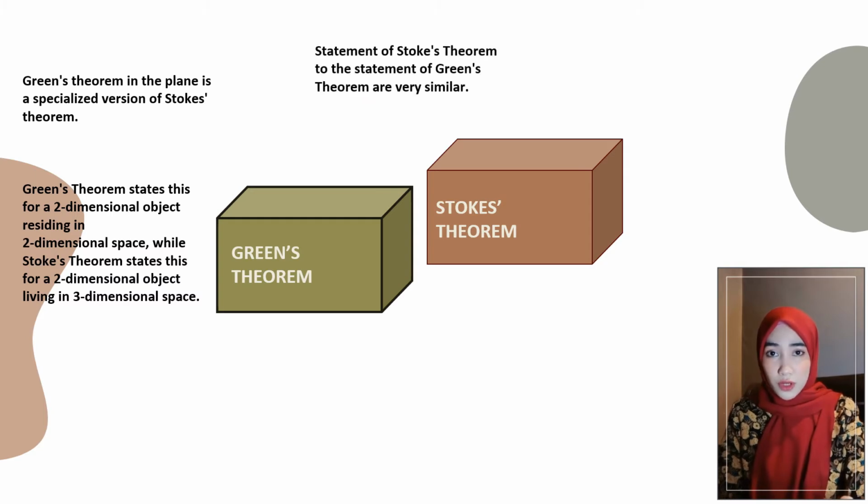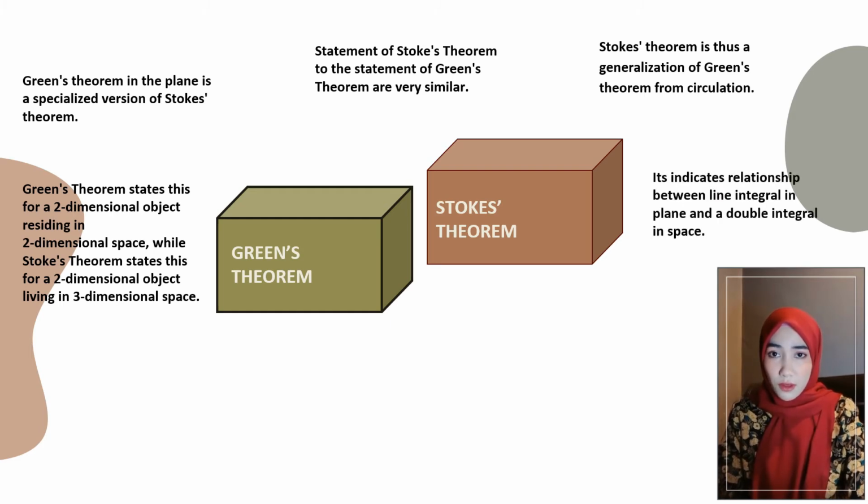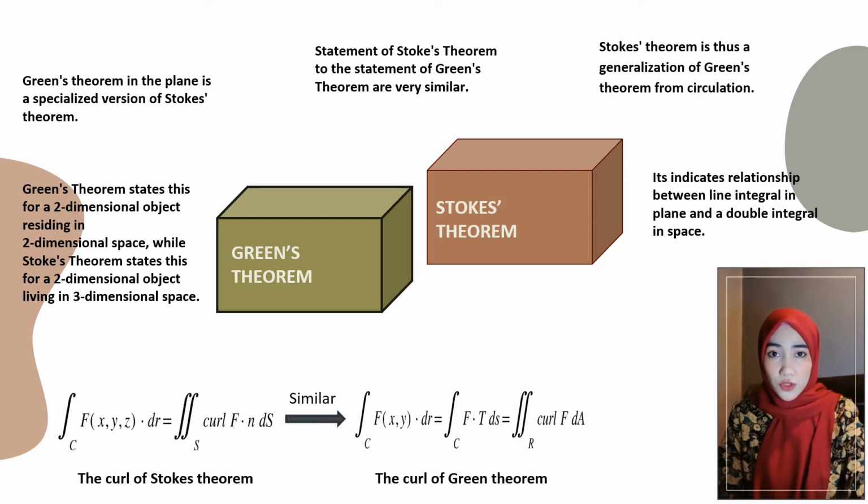The statements of Stokes' theorem and Green's theorem are very similar. Stokes' theorem is thus a generalization of Green's theorem for circulation. It indicates the relationship between a line integral in the plane and a double integral in space. So, the curl form of Stokes' theorem is similar to the curl form of Green's theorem, as follows.